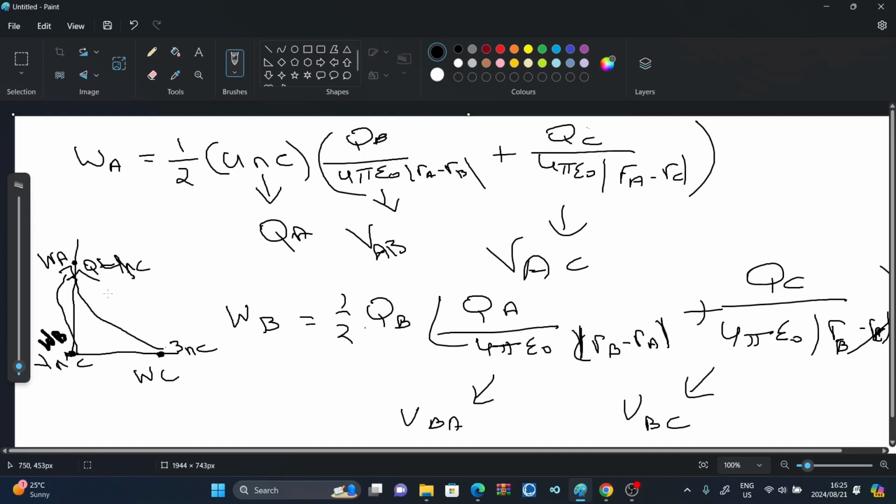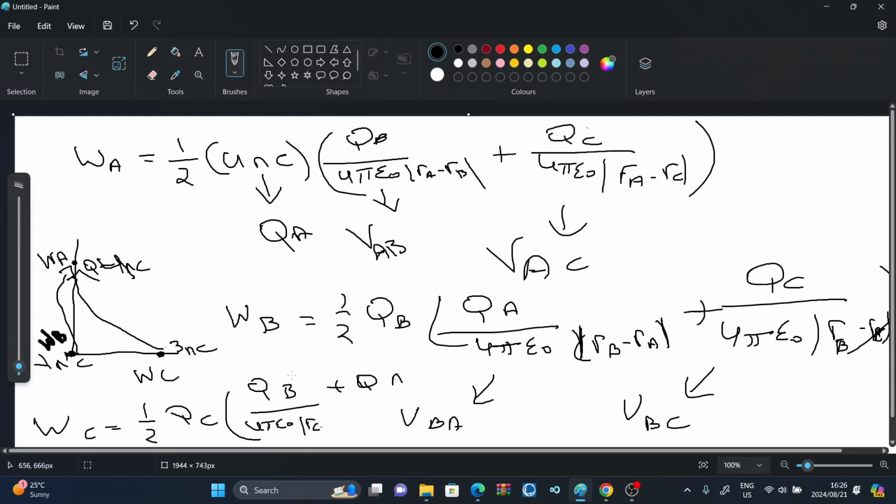So as you can see, there is a pattern in this calculation. So how will you figure out C now? Again, C will be the same thing. We'll have our work done at C. We have our half times our charge at C. Then our formula will include QB and QA, and we'll have the distance between them.